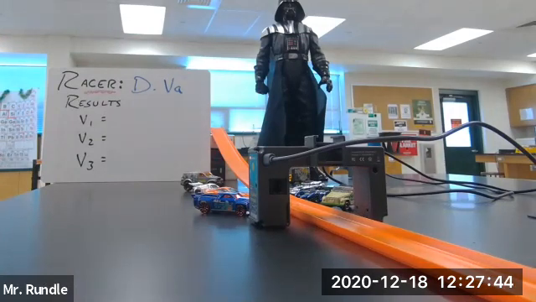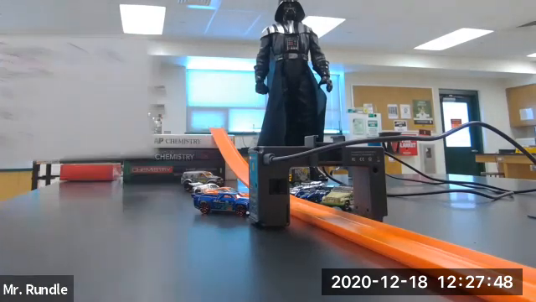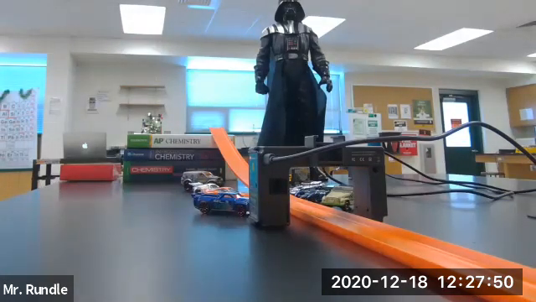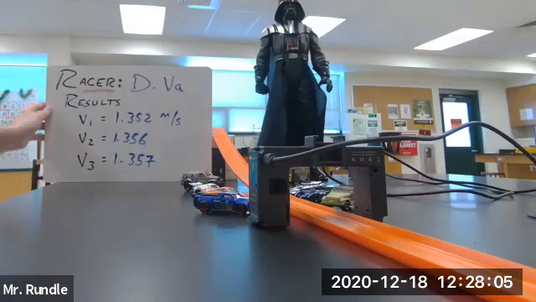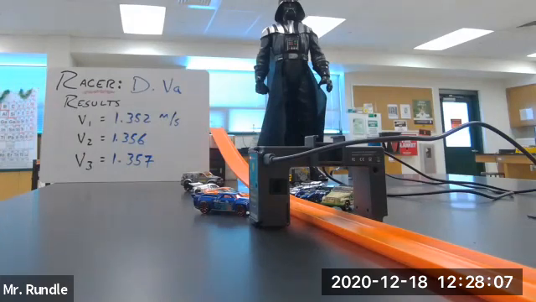Sweet. It was one of the more consistent ones, I think. Okay. So 1.352, 1.356, and 1.357 meters per second. Okay. And those are Diva's 3 velocities there.